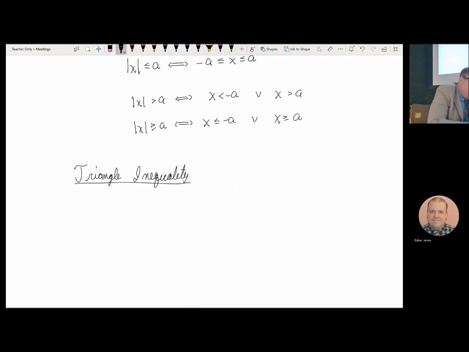But this says for all real numbers, A and B, or X and Y, I'm going to use X and Y, that's more common. The absolute value of X plus Y will always be less than or equal to the absolute value of X plus the absolute value of Y.